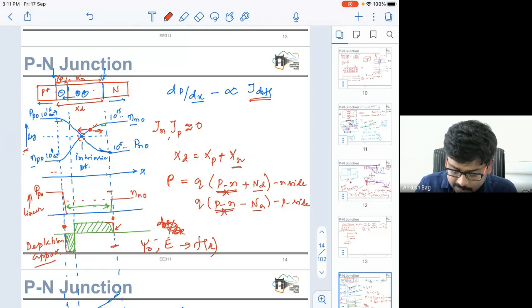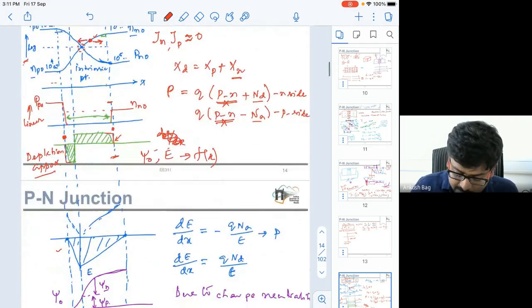That is why we need to understand how the electron concentration and hole concentration vary on the linear scale as well as the log scale, because the applications are different.